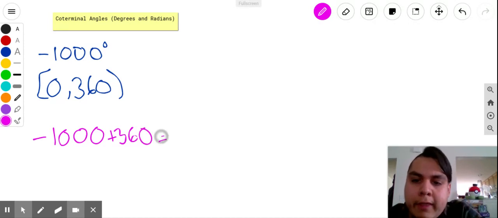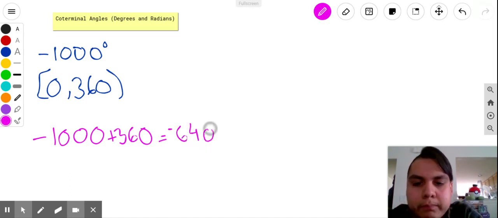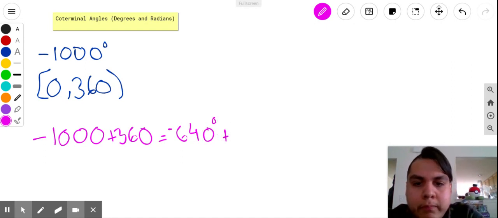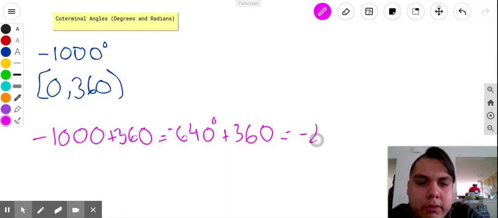So if I add that, I get negative 640 degrees. It's still lower, so I add another one, which would give me negative 280 degrees. Still lower, so I add another one.